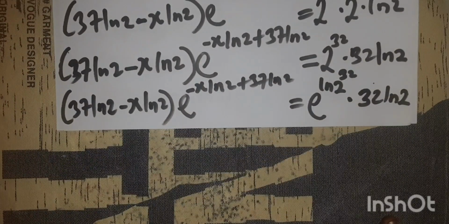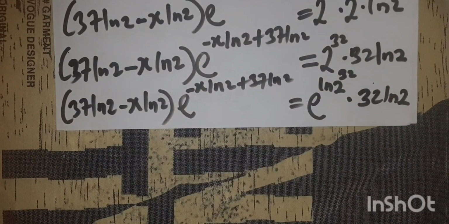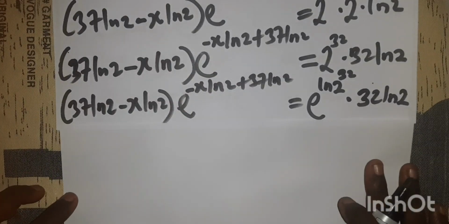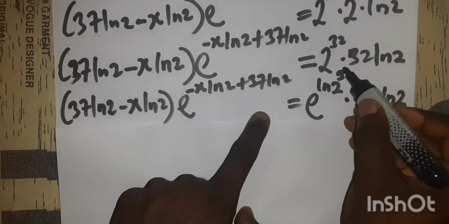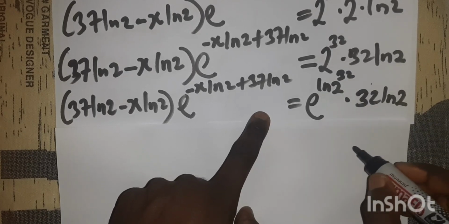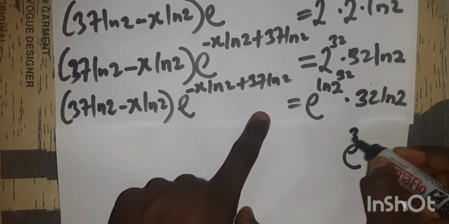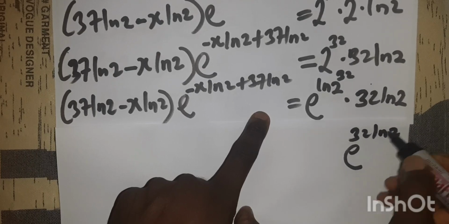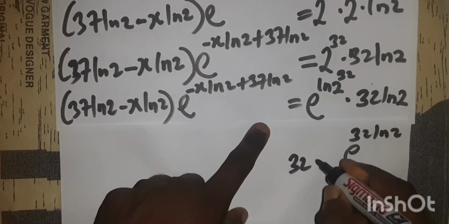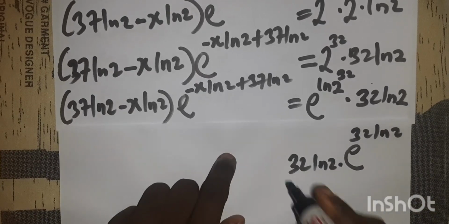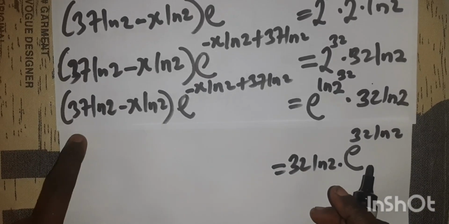So going further, let me put this one first and this one second. And of course, the power for 2 can come over here. So I just have e raised to the power 32 ln of 2. And of course, I still have the 32 ln of 2 here.